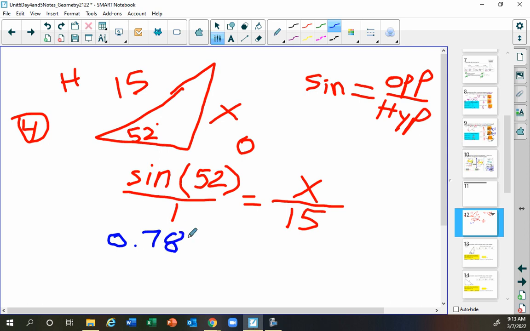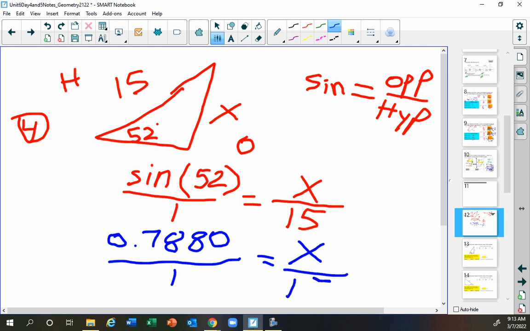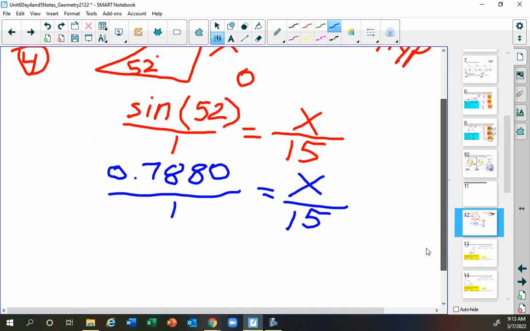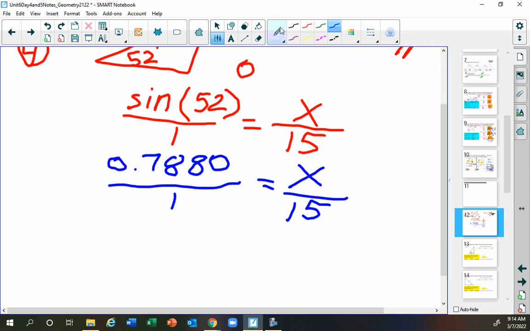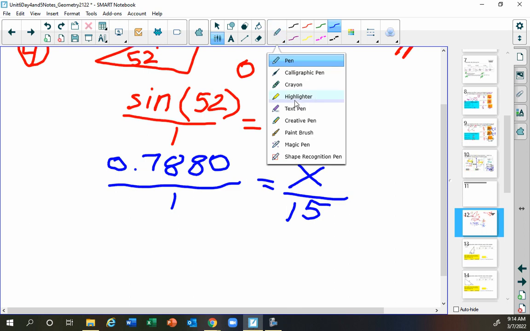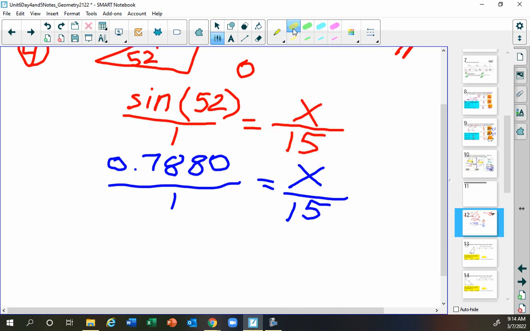We agree? Over 1, x over 15. Now, are we at a point where we can solve for the x? Can we solve for x at this juncture? Yeah.